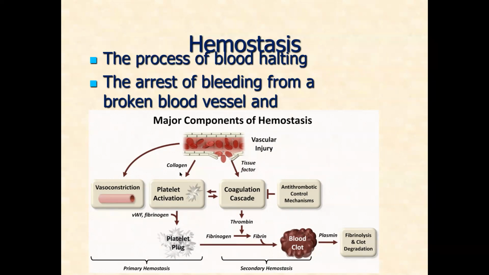Now, that's how we go from damage, right, to platelet activation, then platelet plug formation. So the platelets swell up, get spiky, get stuck in, right? And this is primary hemostasis because, of course, this happens every time. It happens first.